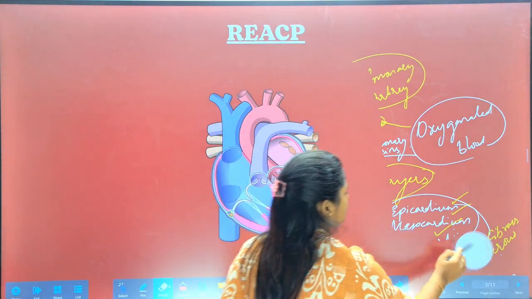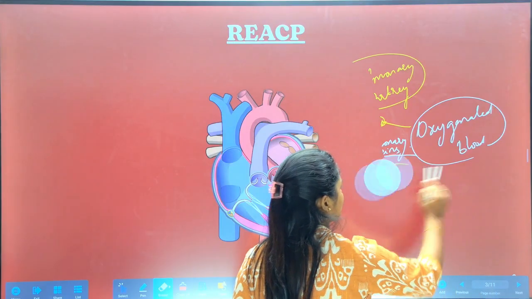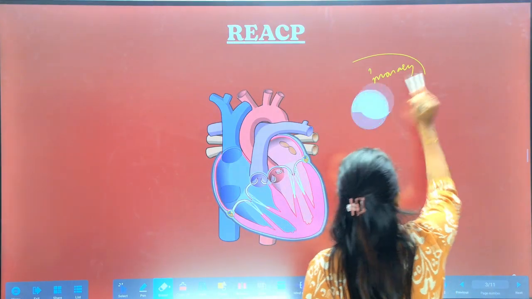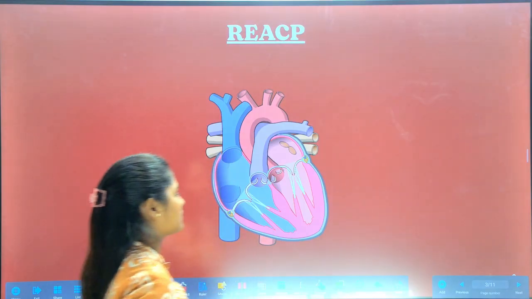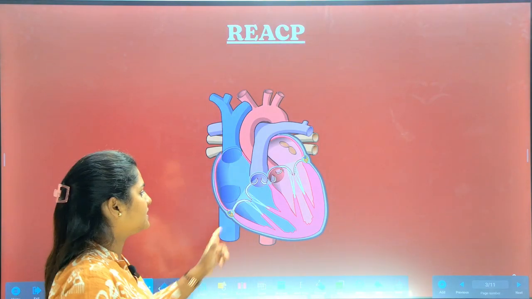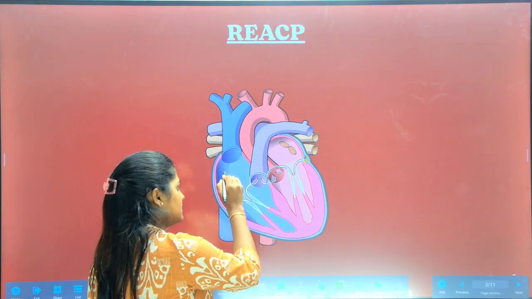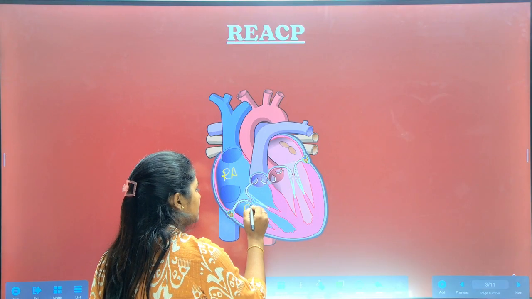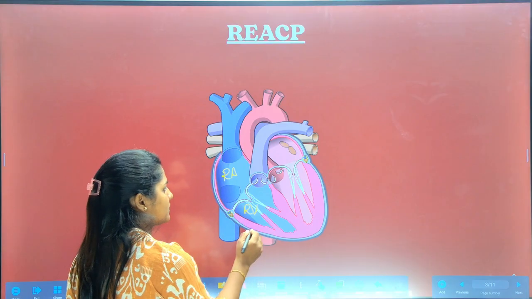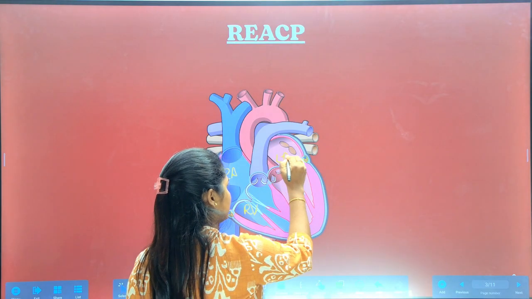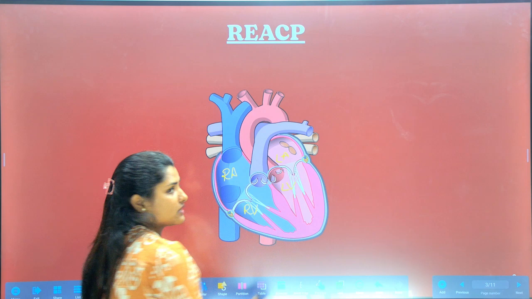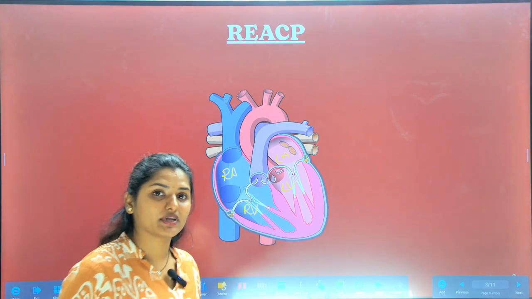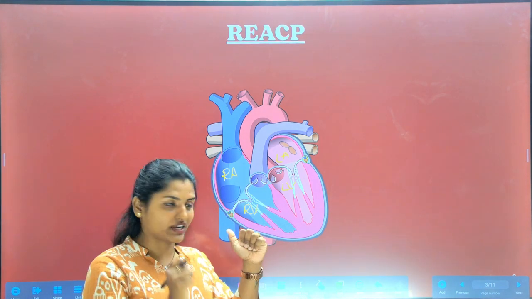You should remember two terms, one is systole, one is diastole. So this is the heart. Here this is the right atrium and right ventricle, left atrium and left ventricle, right? Here what happens is systole, that means contraction.